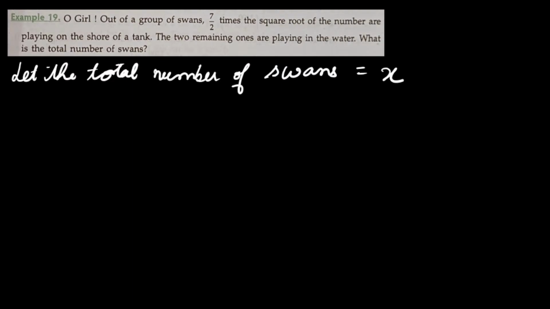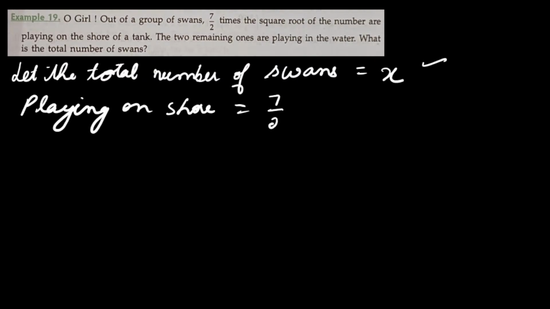So now see what is given to us. 7 by 2 times the square root of the number are playing on the shore. So how many are playing on the shore? Because the total is assumed as x. So 7 by 2 times. Times in maths means multiplication, square root of a number.